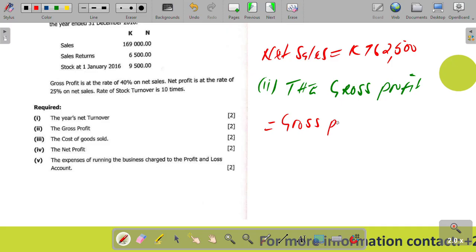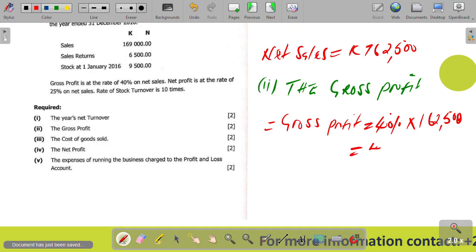So we are saying gross profit is equal to 40% by 162,500. Okay, so now 40% means 40 over 100 times 162,500.